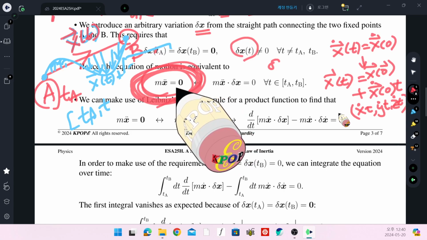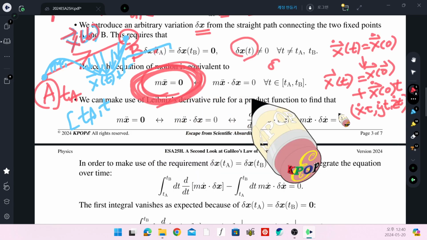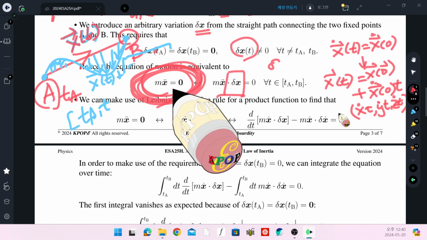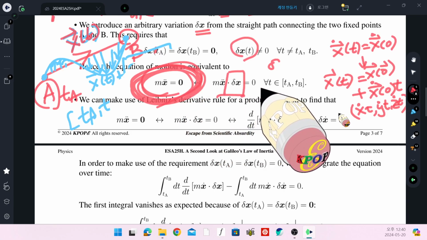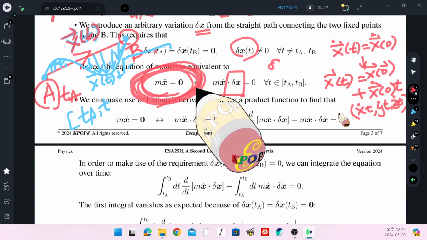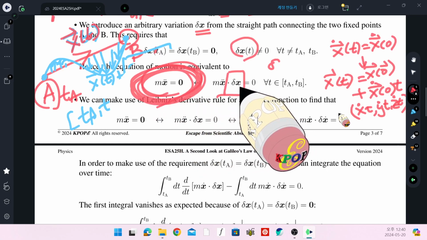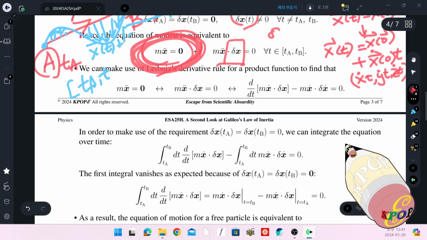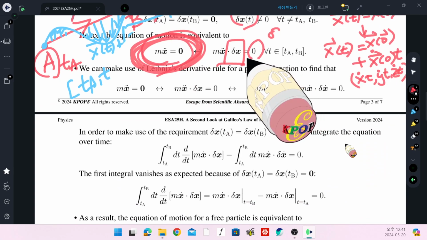If I take a scalar product with the variation vector delta x in this equation, the right-hand side is absolutely zero, and the left-hand side is force scalar product with the variation from a physical path. We know this is exactly zero, whatever variation you may bring in.